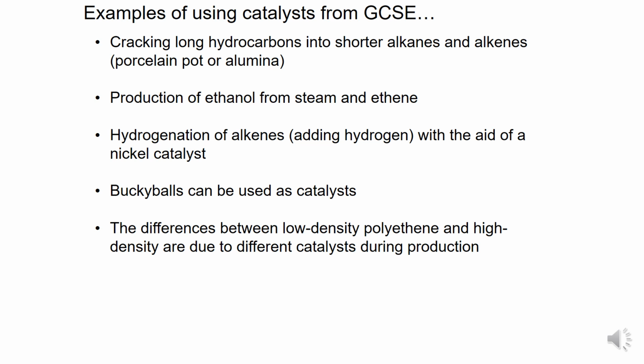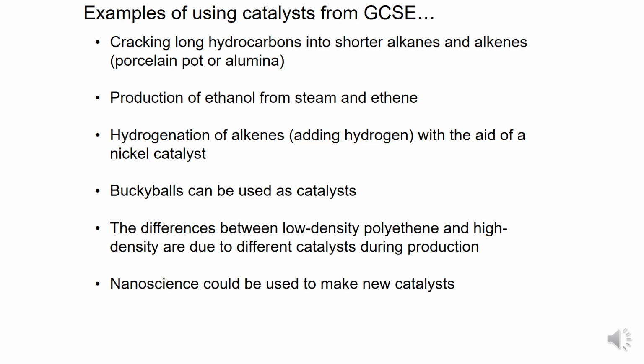The differences between low-density polyethene, that's LDPE, and high-density polyethene, HDPE, are due to different catalysts during production. High-density polyethene is formed by adding a catalyst enabling straight chain polymers to be formed, which means that they can get very close together, they're more dense.